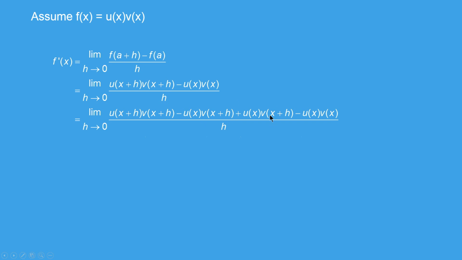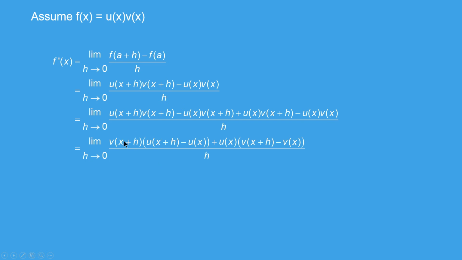But then I've added it back in again, plus u of x times v of x plus h. In other words, I haven't actually changed anything. But by putting these two in, we can actually change the format of this and make it really easy to work out. I'm going to remove this v of x plus h from these two, and I'm going to remove u of x from these two. And that's what we get left with.